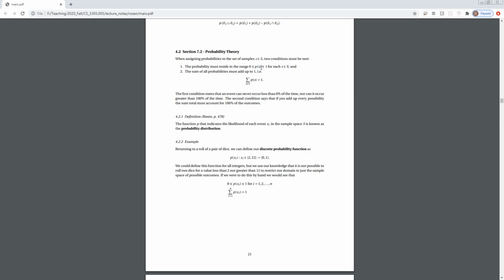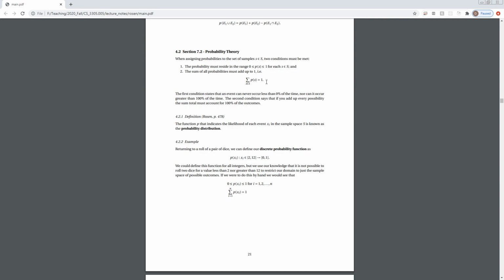Right? Regardless of what you're testing for, it can do no worse than 0% or no better than 100%. And whenever you add up all of those probabilities, it needs to add up to 1, or 100% of all of the possibilities.